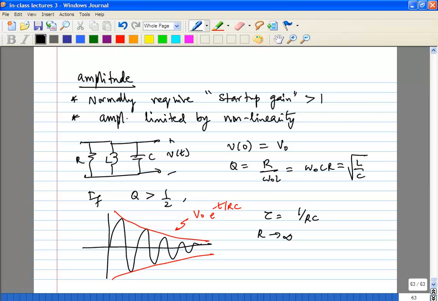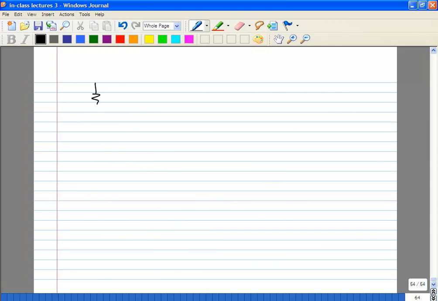As R tends to infinity, tau tends to 0, which means the oscillations are completely stable, their envelope doesn't decay at all. Obviously this corresponds to an ideal LC tank, and you already know that. The energy keeps sloshing back and forth between the inductor and the capacitor.